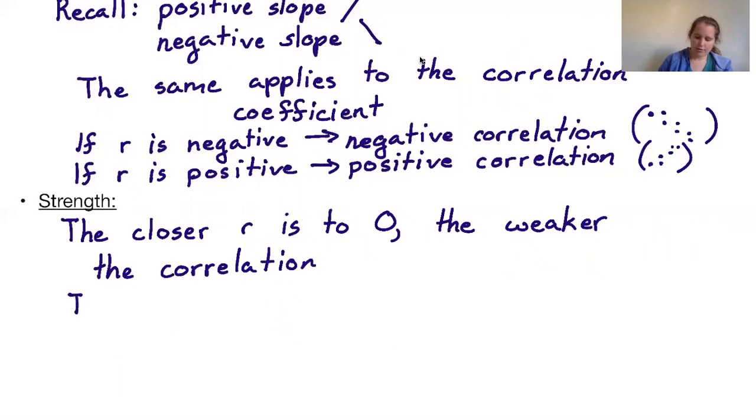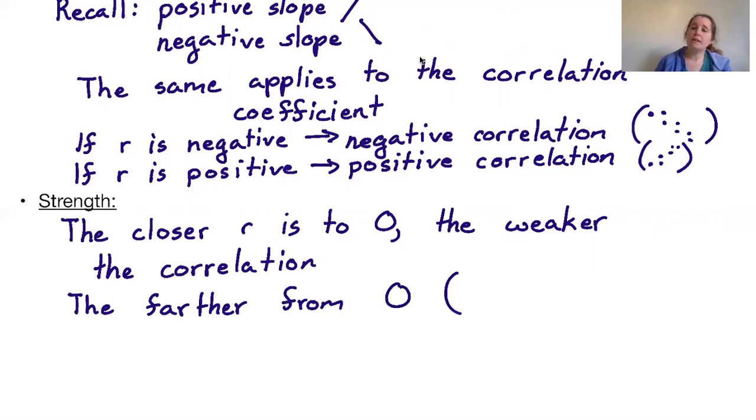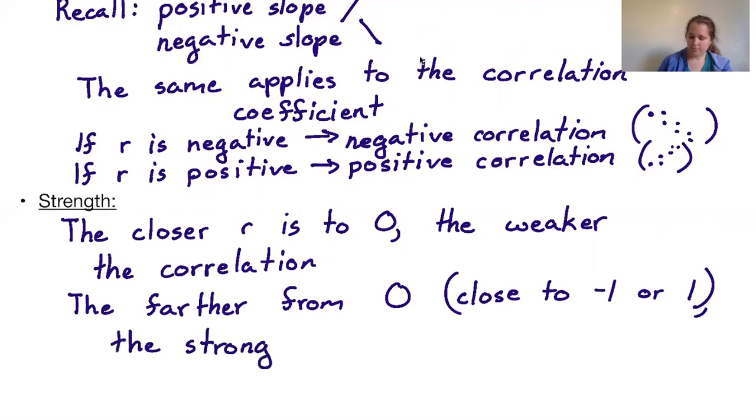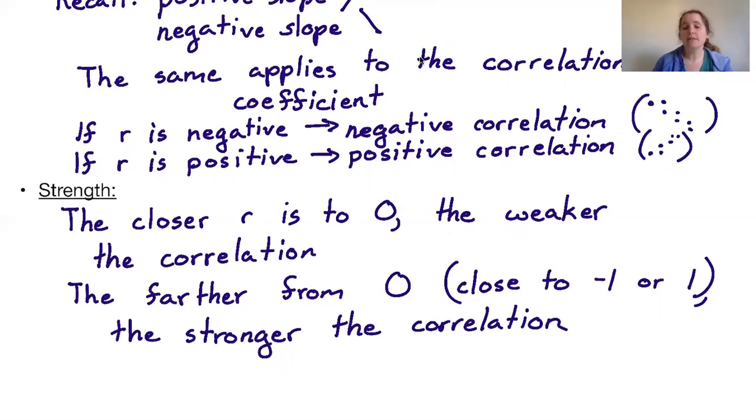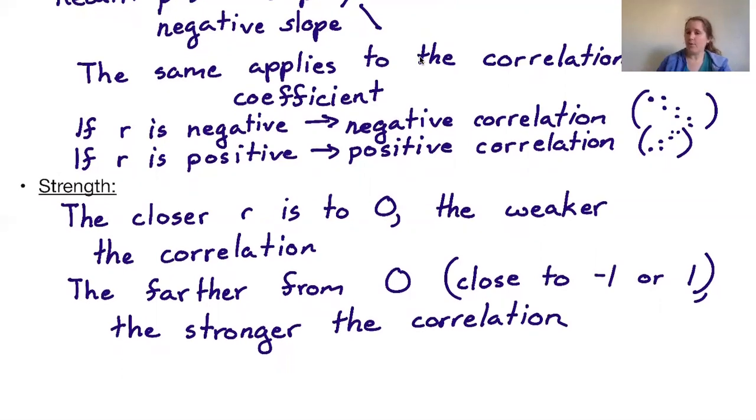And the farther from 0, so in other words, close to -1 or 1, the stronger the correlation. So when it comes to strength of the correlation, it doesn't matter if R is positive or negative. It just matters how close it is to 0 or to -1 or 1.